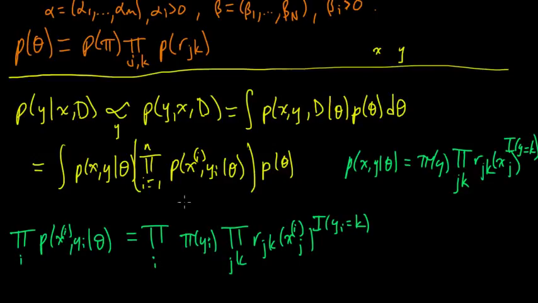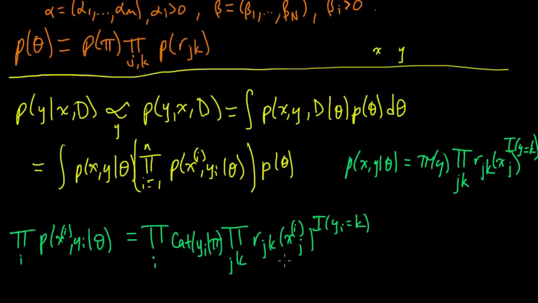And actually, let me rewrite these using our notation, which I think will be helpful a little later. This is just a categorical distribution. Since we can write this as the categorical of y_i given parameter pi.